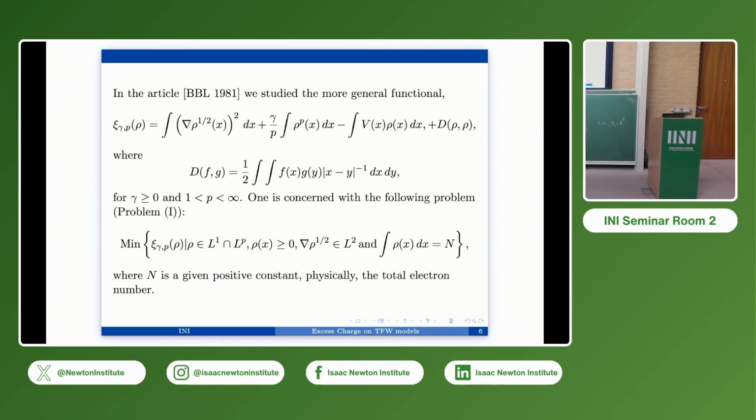And the Thomas Fermi von Weizsäcker model, the gradient correction that I put there, we did with Chaim Brezis and Elliott Lieb in 1981.